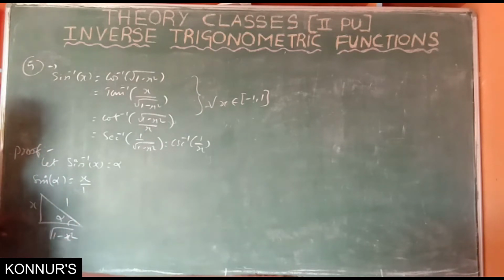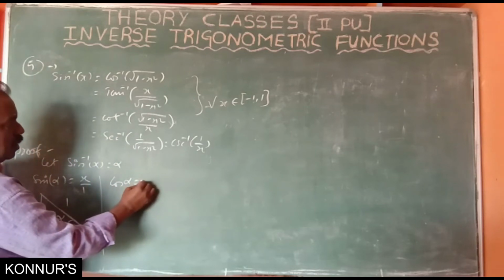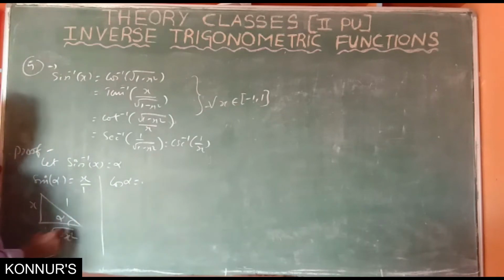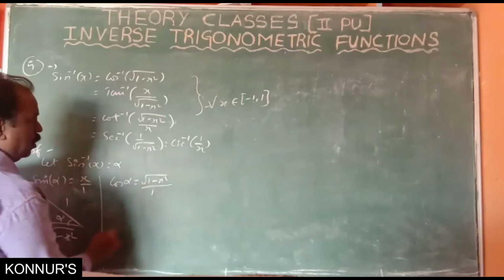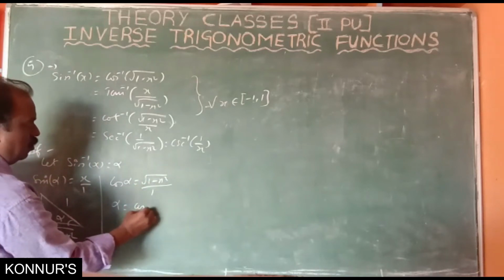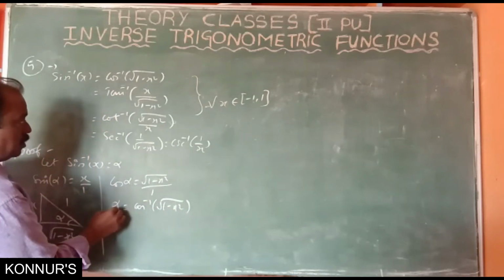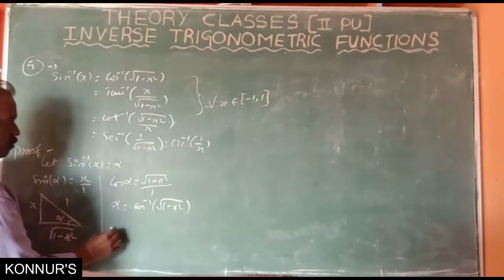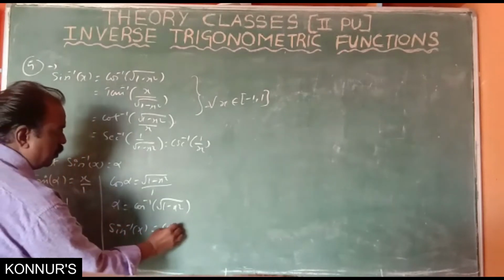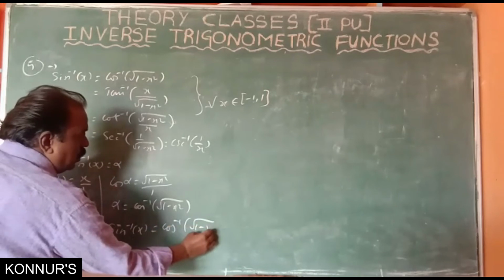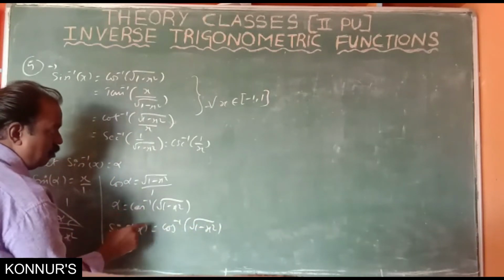By using this diagram, what about cos alpha? Cos alpha is the adjacent side, root 1 minus x square, by 1. So alpha is equal to cos inverse root 1 minus x square. By assumption, sin inverse x is equal to cos inverse root 1 minus x square.